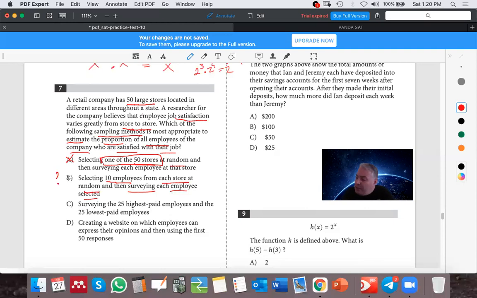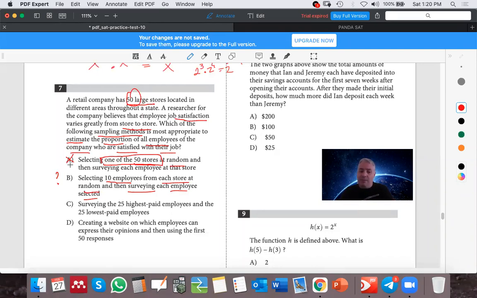I mean, it could be something useful. Why? First of all, you are taking people randomly from where? From the 50 stores, which is the total. So you are able to compare the results of these randomly chosen 10 people among the 50 branches. So this could be the answer.